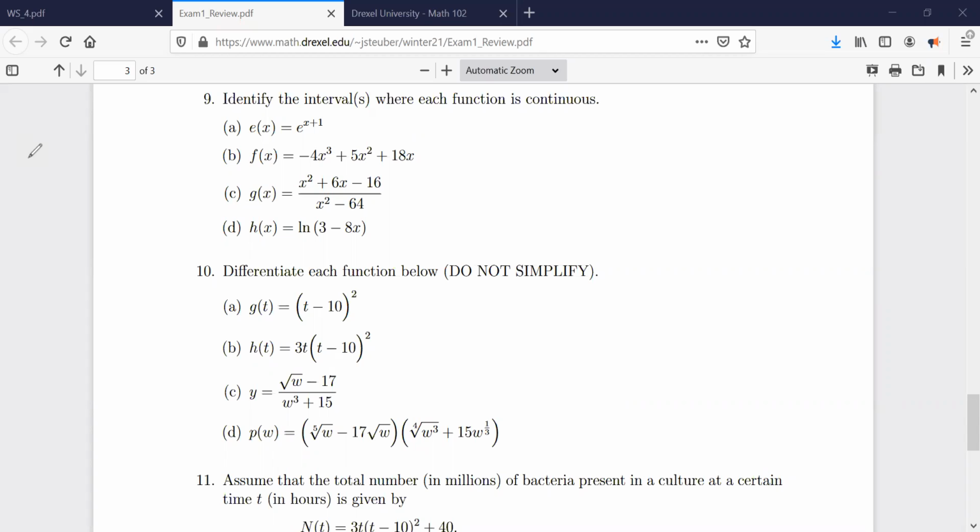Or any exponential? All real values? Exactly. And if I just shift that exponent by 1, it's going to be the same thing. So this function is continuous everywhere. So negative infinity to positive infinity. Does that make sense to people?